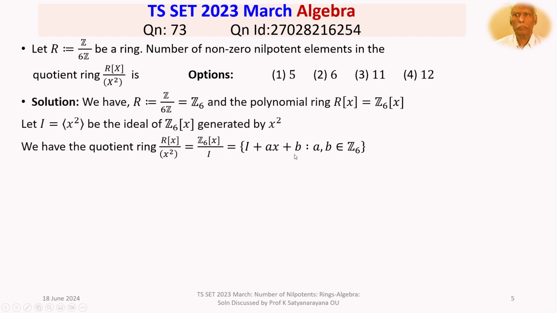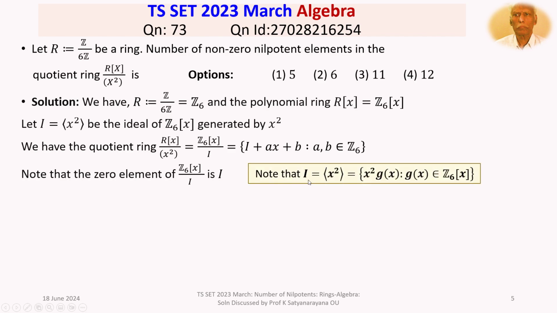Out of these 36 elements in this quotient ring, how many of them are nilpotent? Right. So note that the zero element of Z6[x]/I is I only. In this quotient ring, who is the zero element? I. Right. Now, who are the elements of I?